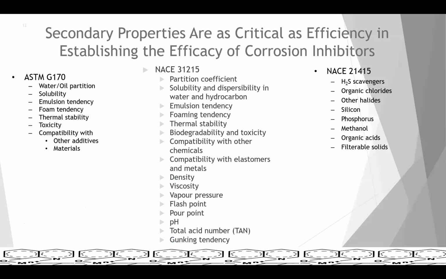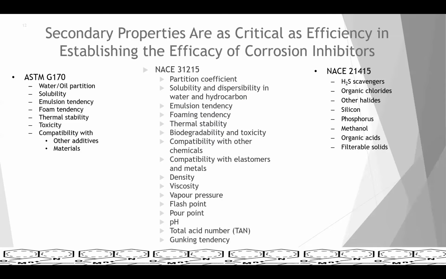So the lessons learned from all the 5 case studies are that secondary inhibitor properties are critical in establishing efficacy of corrosion inhibitors. In terms of secondary inhibitor properties, we have 3 standards: ASTM G170, NACE 31215, as well as NACE 21415.